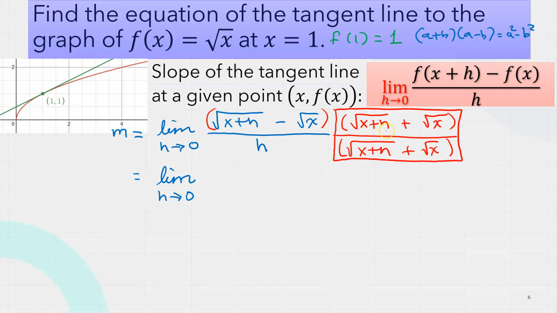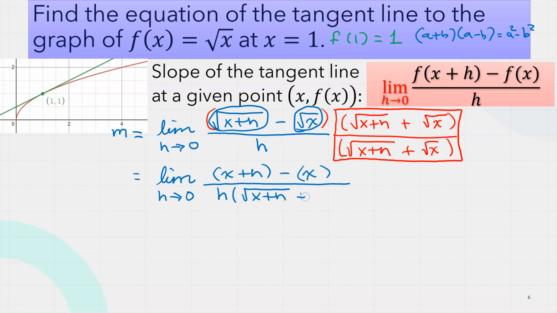So you square each one of these terms here, and the square root will be gone. And that was the point of doing that. So you will get x plus h minus x, all divided by the thing on the denominator. You multiply that across, but I'm not going to distribute. Keep the h on the outside. We have h times the quantity square root of x plus h plus square root of x right there.